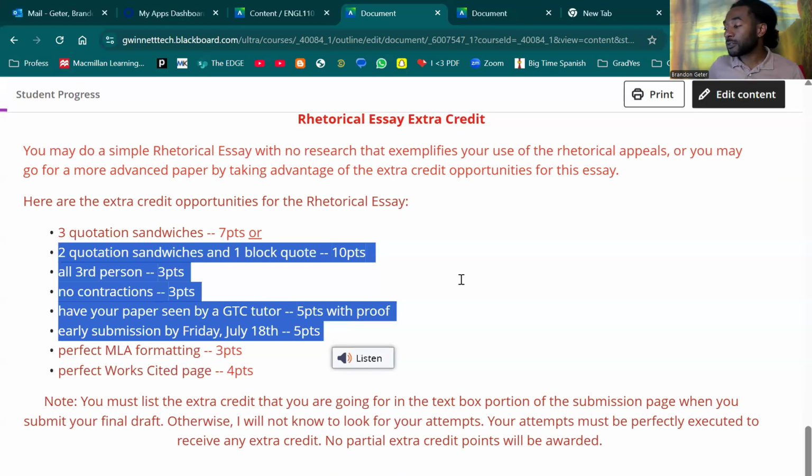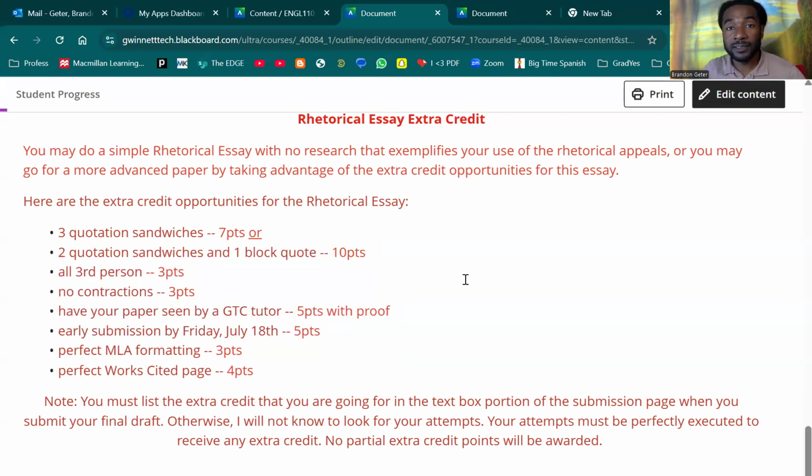Now, here's the thing too. If you go for these things, if you list them in the text box to go for them, and they're wrong. For example, if you put that you did all 3rd person pronouns, and you have me read your paper, making sure you did all 3rd person pronouns, and I see a 1st person or a 2nd person pronoun in there, I'm taking off 2 points for each one, because they're not supposed to be in your paper.